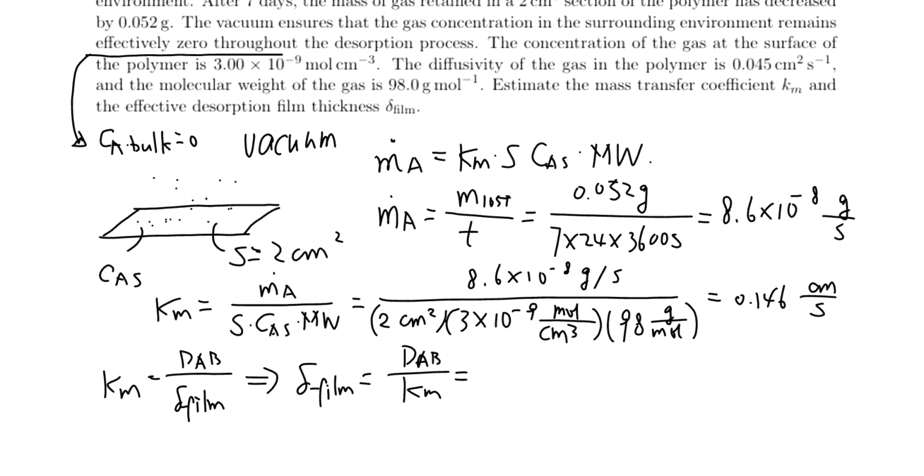We are given the diffusion coefficient 0.045 centimeters squared per second, divided by 0.146 centimeters per second. That gives eight millimeter.